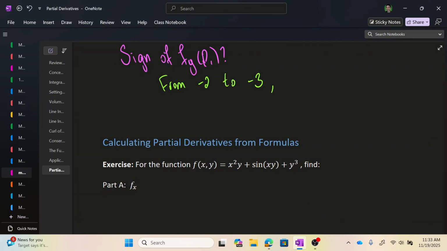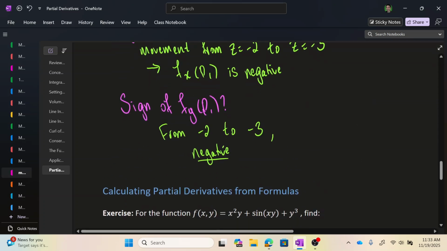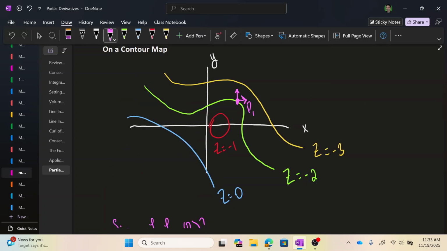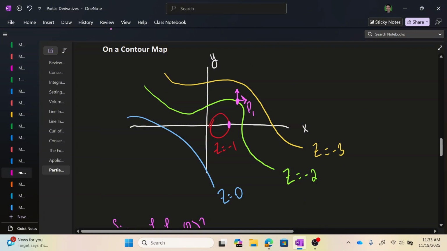So the sign of this partial derivative would be negative because increasing the y values a little bit caused the z values to go down. So let's move our point now to a slightly different location. In particular, I would like to consider what happens with the point P2, which is directly on the right edge of this circular level curve, z equals -1.